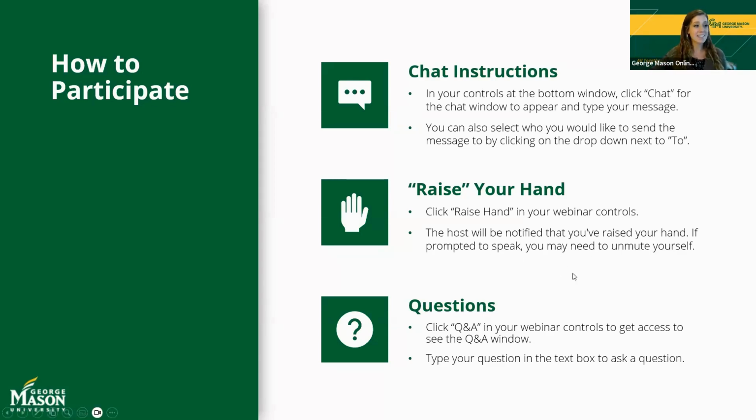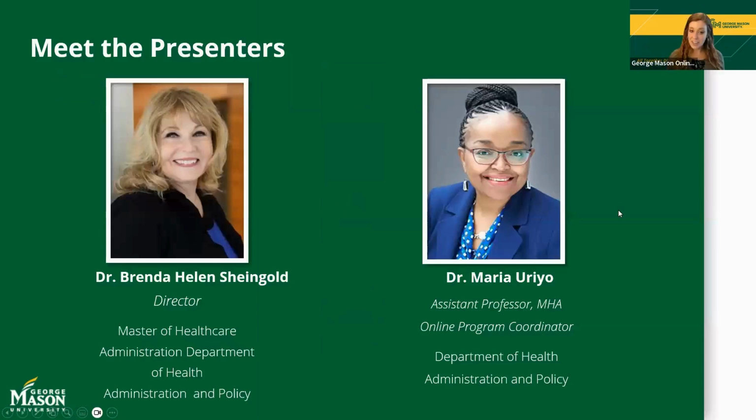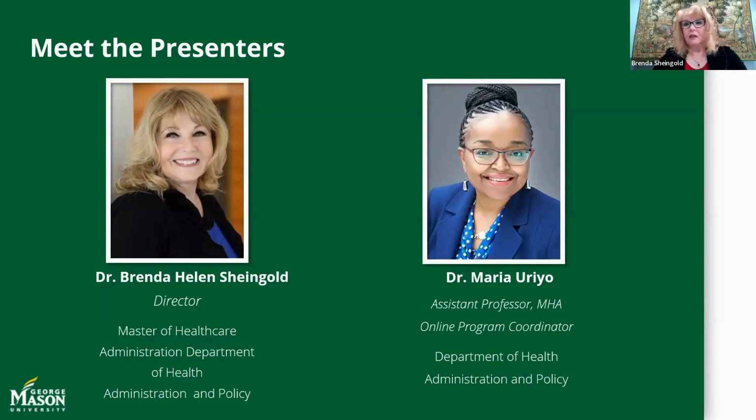Alrighty, and I'm going to pass it off to Dr. Sheingold and Dr. Uriyo, if you want to take a moment to introduce yourselves. Sure. So I'm Dr. Brenda Sheingold. I'm the program director of the MHA at George Mason. I've been there since 2018 in that role. My background prior to going into academics was in trauma nursing, and I'm thrilled to have such a good partner and colleague in Dr. Uriyo.